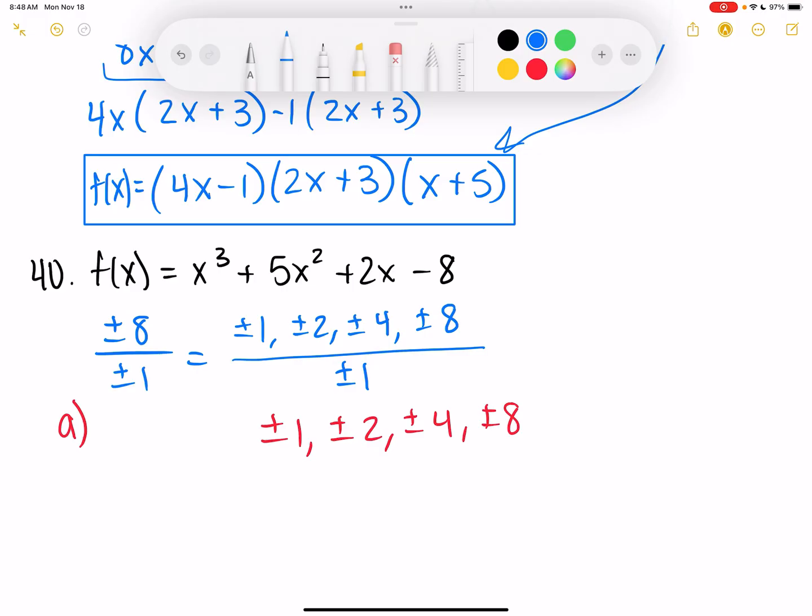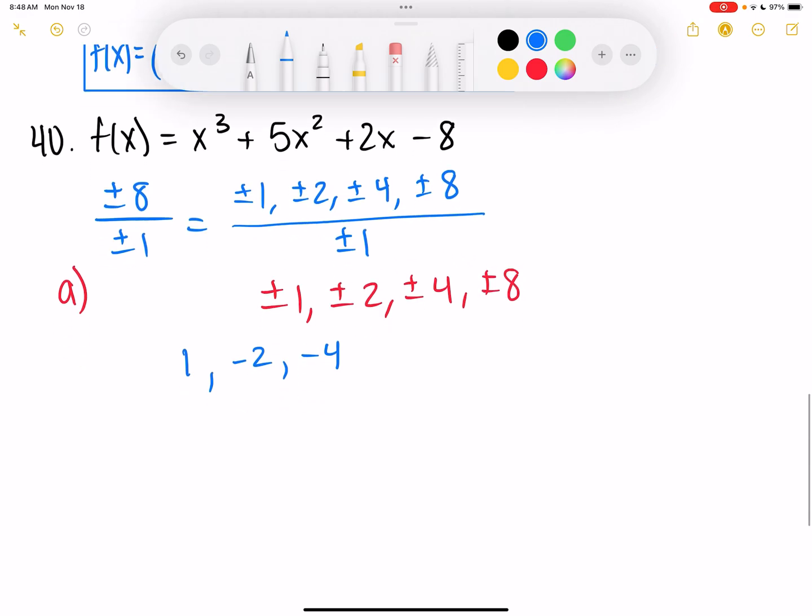I got the x cubed right. Oh, the whole function. Okay. 1. Okay, 1 is one of them. Or, well, we're going to check 1. What else? -2 and -4. Okay, so we're going to pick one of them. Which one do you want to choose? I don't care. 1. All right, beautiful.